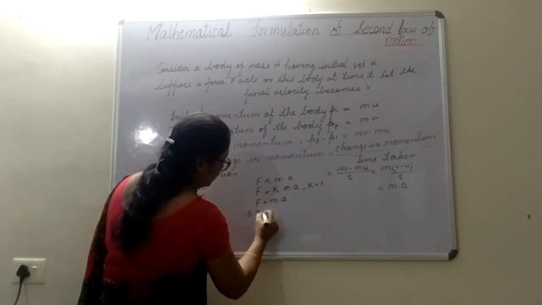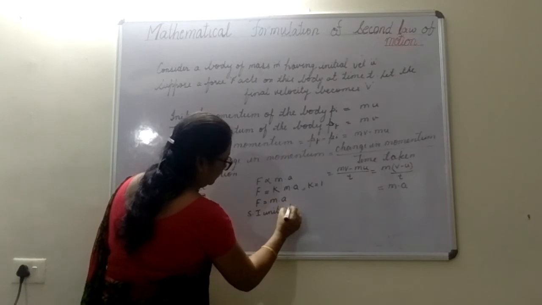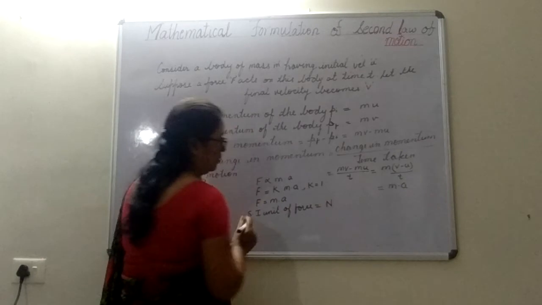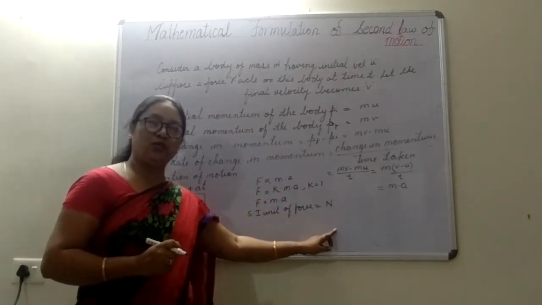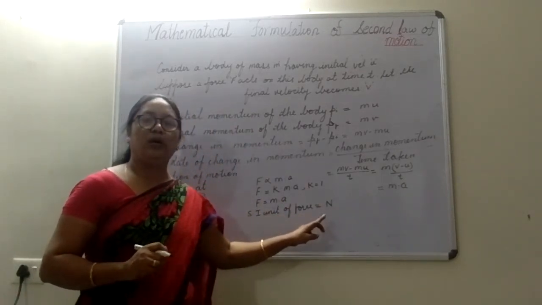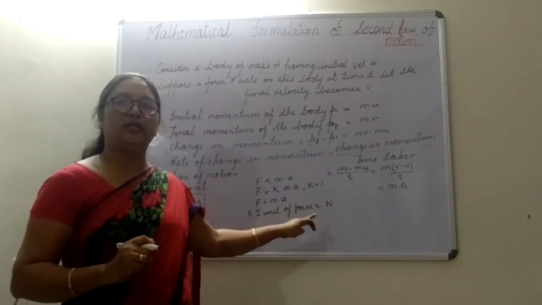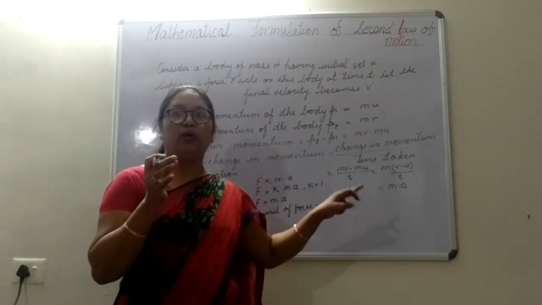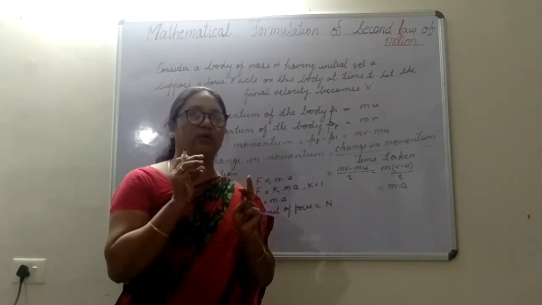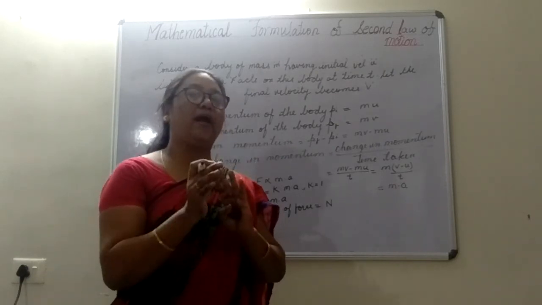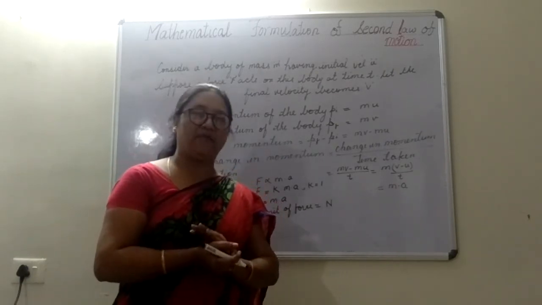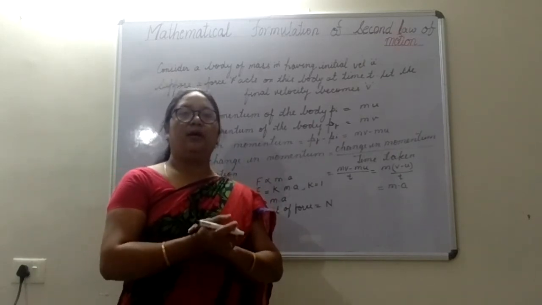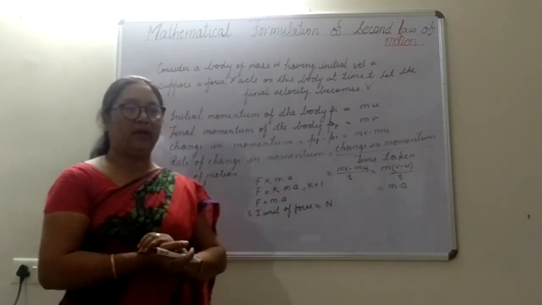Now the SI unit of force is Newton. Here we can define 1 Newton as the force required on a body of mass m, which is 1 kg, to accelerate it at 1 meter per second square.